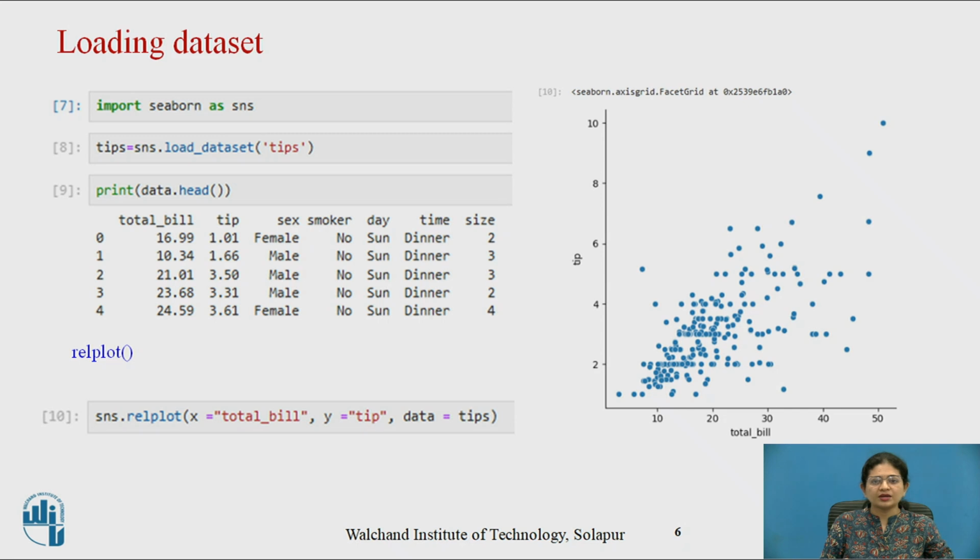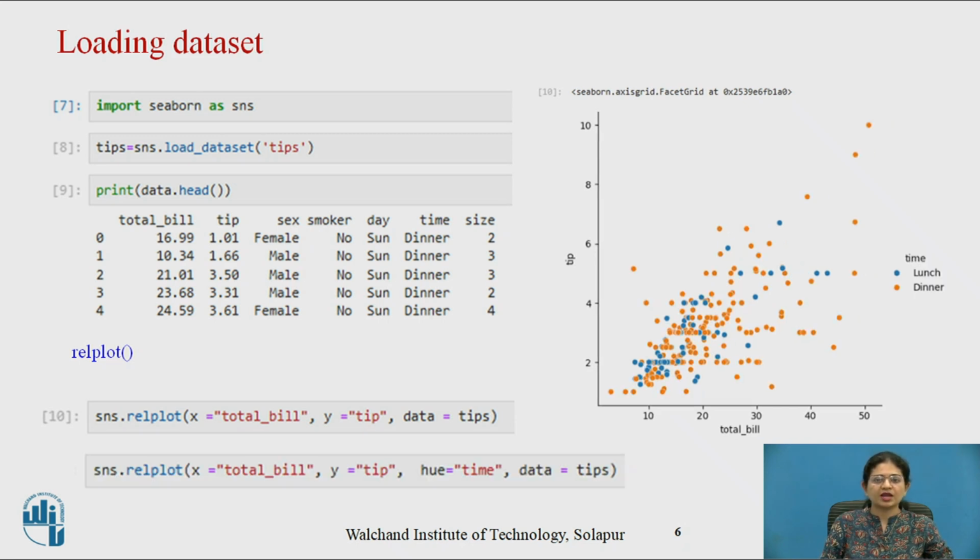If we want to add some new features into the relational plot, we can add them. So look here, sns.relplot with x equal to total_bill, y equal to tip and hue equal to time. So hue equal to time shows you the color code for the time. It shows whether the time is lunch time or dinner time.